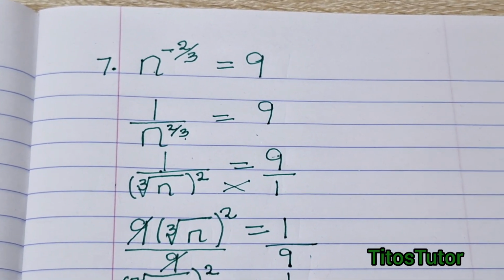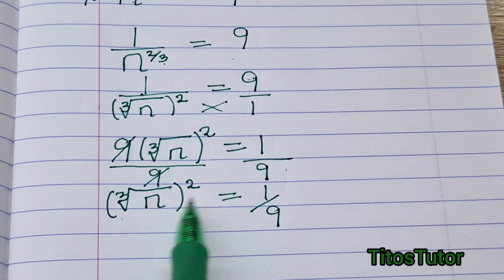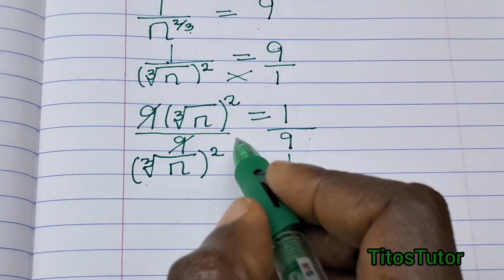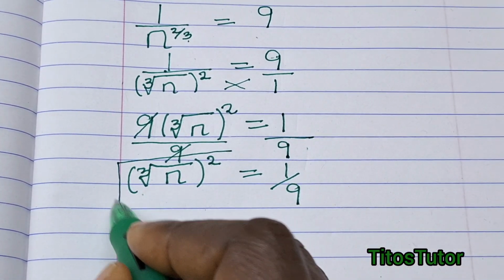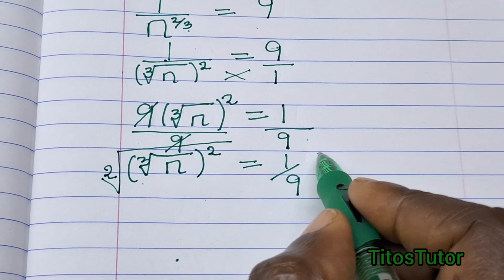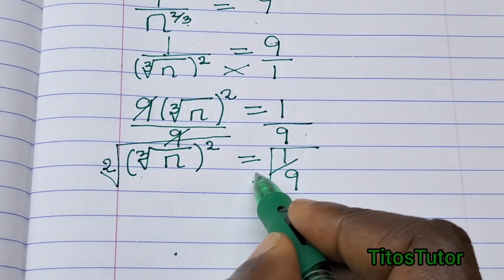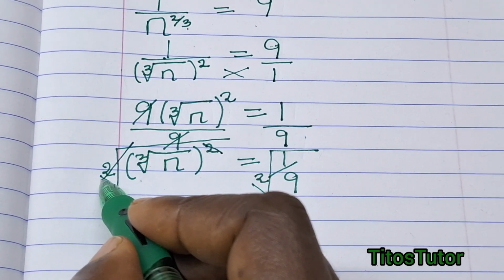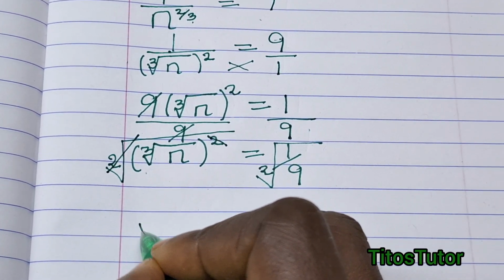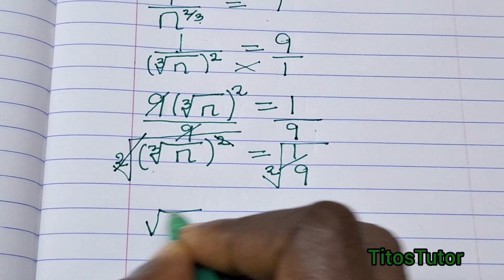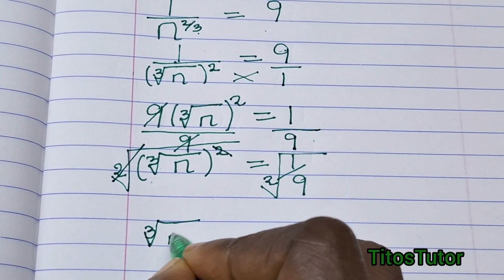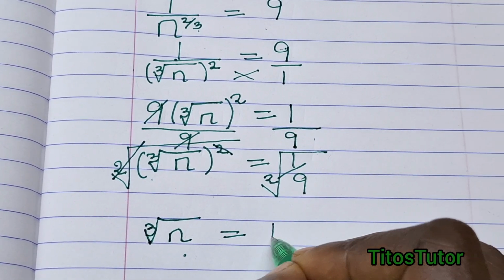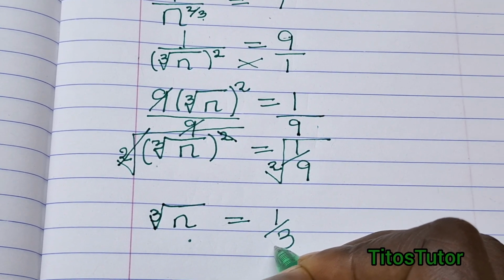So to get rid of this square outside my bracket first, I'm going to square root everything and square root this side too. So this square cancels this square root. I'm left with just the cube root of n. And square root of 1 over 9 is 1 over 3.